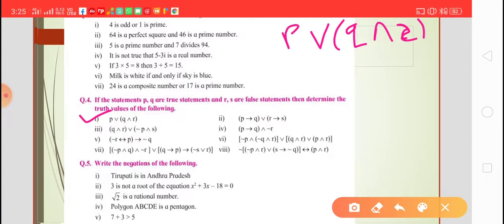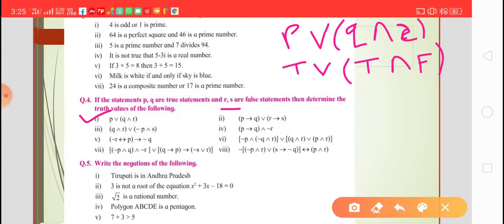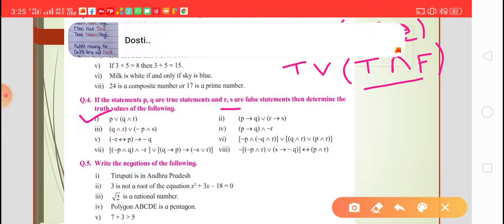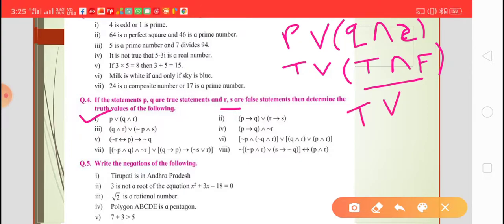P and Q are true statements, so replace P by T and also Q by T, and disjunction, and R and S are false, so replace R by F. Now firstly solve the bracket, and we know the truth table for conjunction: T T T, otherwise F. But here both truth values are not T, so the truth value for this conjunction is F.